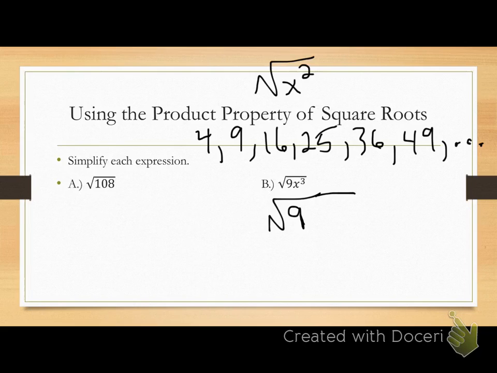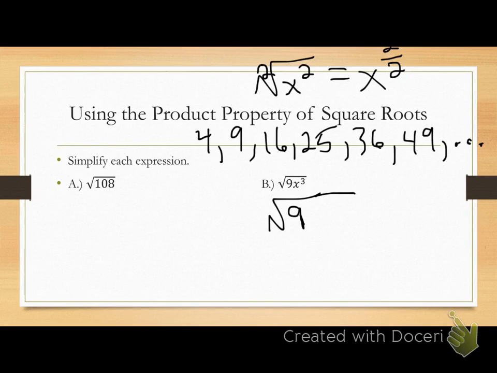If I take the square root of x squared, that just gives me x, because x times x gives me x squared. Also, a little trick, here's our index. If we have a square root, it's understood to be 2. If I take a square root of something with an exponent, I just divide the exponent by the index.